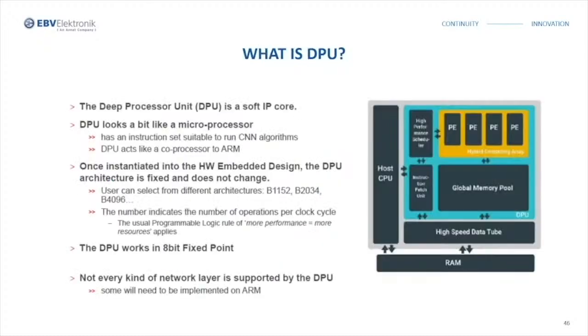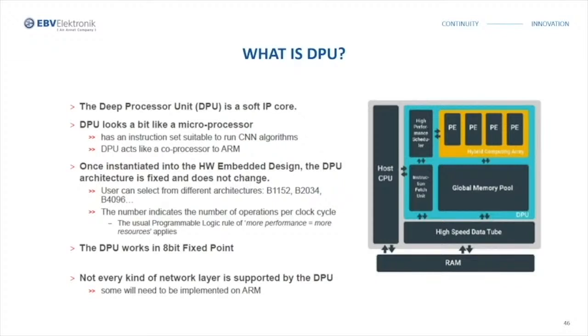What is DPU? DPU is the Deep Learning Processor Unit, and this is an IP which should be implemented into the programmable logic side of the Zynq. The unit contains a register configure module, a data control module, and a convolution computing module.